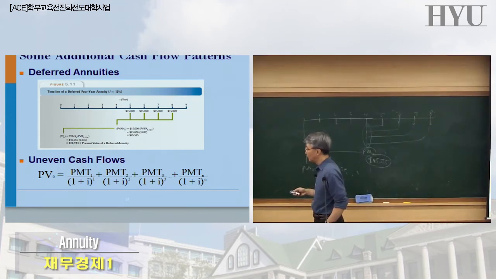But sometimes you have different payments in different periods. Then you have to use this plain vanilla discounting formula. So whatever you're going to receive at the end of first year, you discount it for 1 year. Whatever you receive at the end of 2 years, you discount it for 2 years.